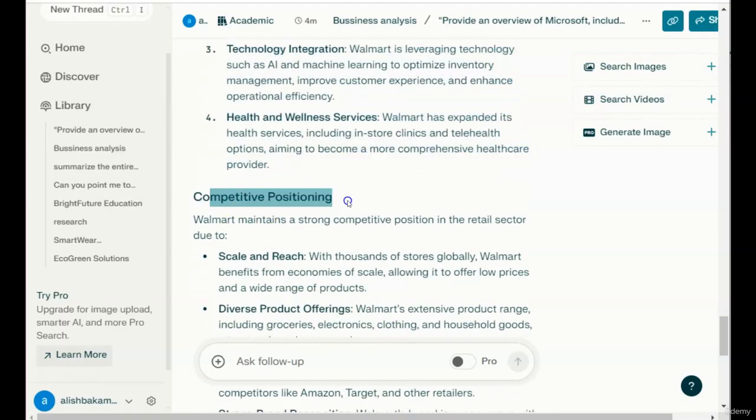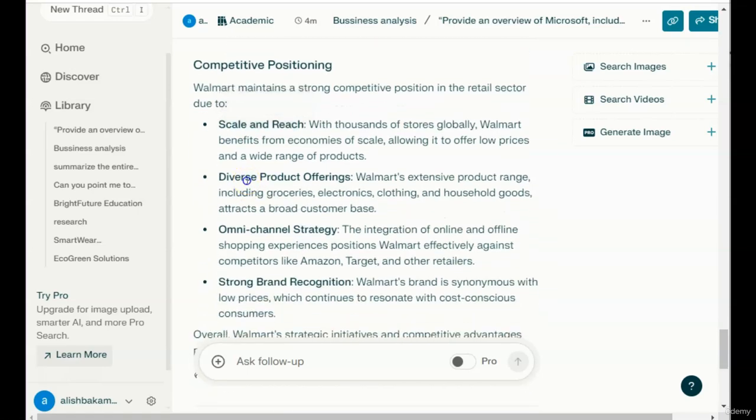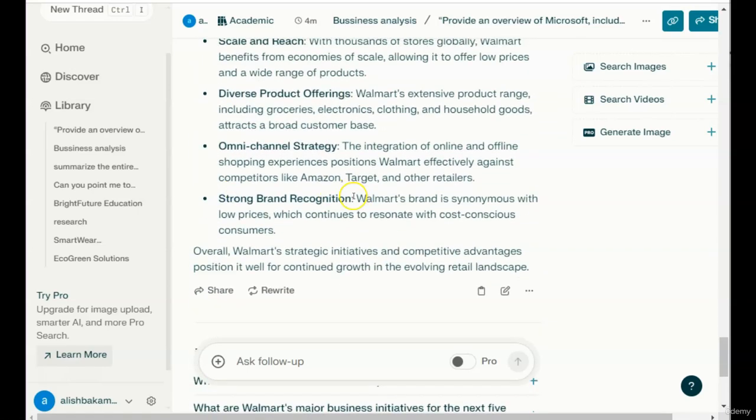Then the competitive positioning, which includes scale and reach, diverse product offerings, omni-channel strategy, and strong brand recognition. It says overall Walmart's strategic initiatives and competitive advantages position it well for continued growth in the evolving retail landscape. So it gives insights into Walmart's competitive positioning and market share relative to other retail giants.